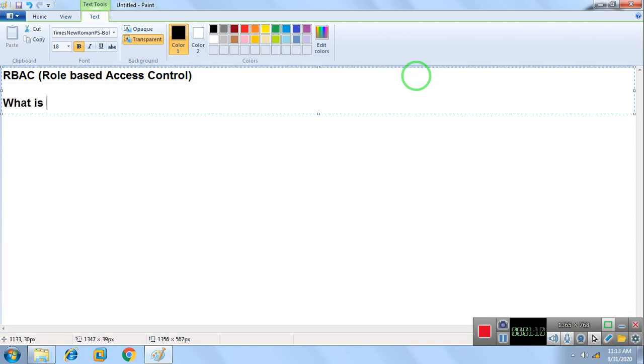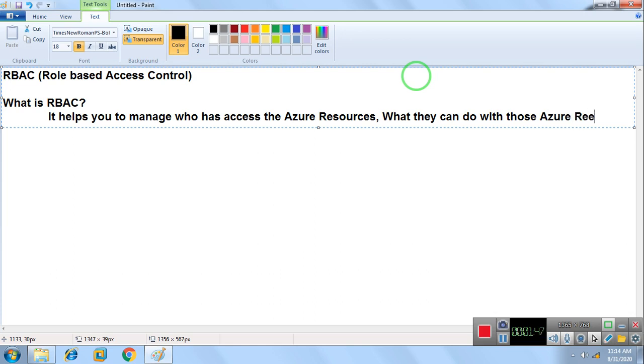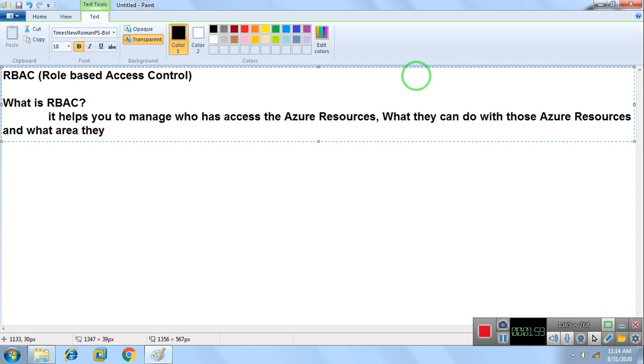RBAC helps you manage who has access to Azure resources, what they can do with those Azure resources, and what areas they have access to.